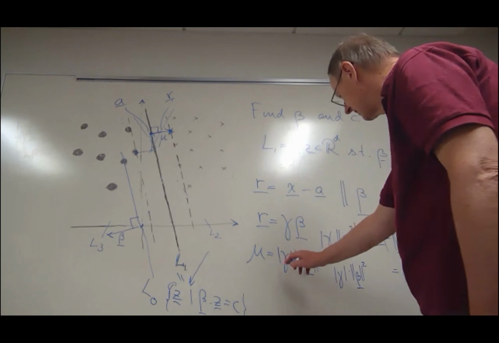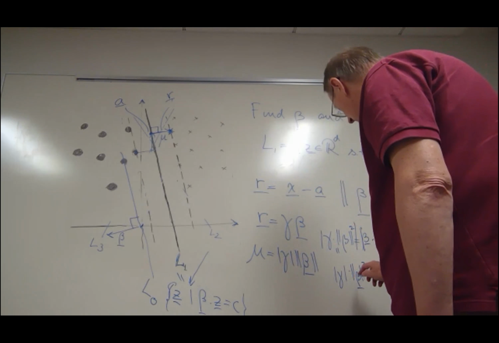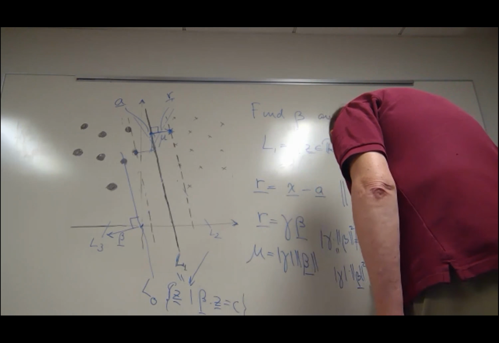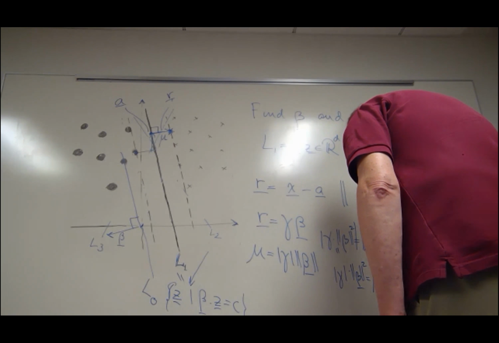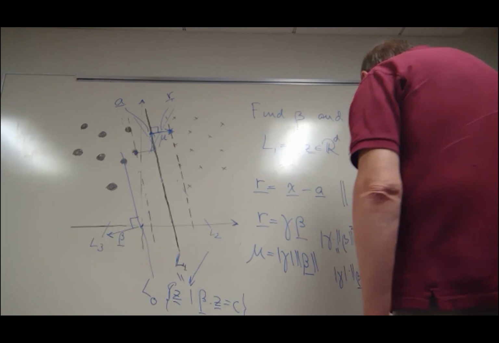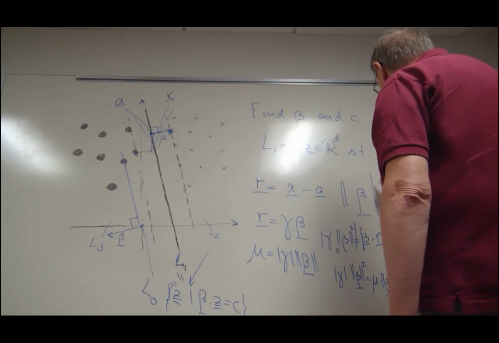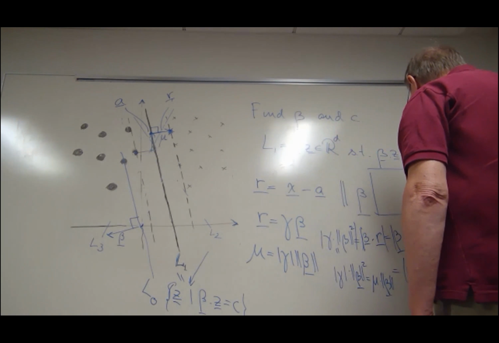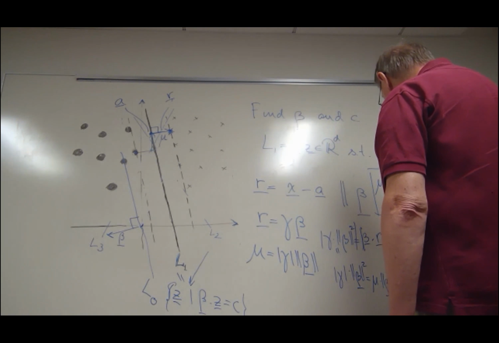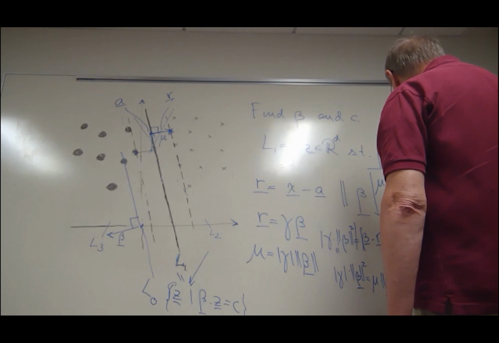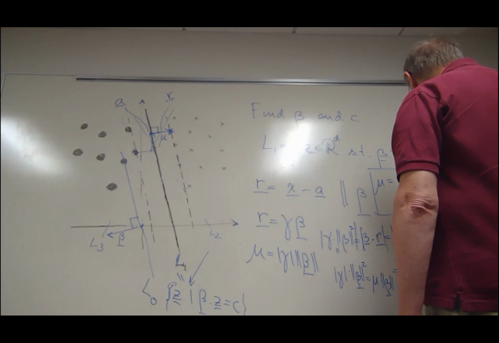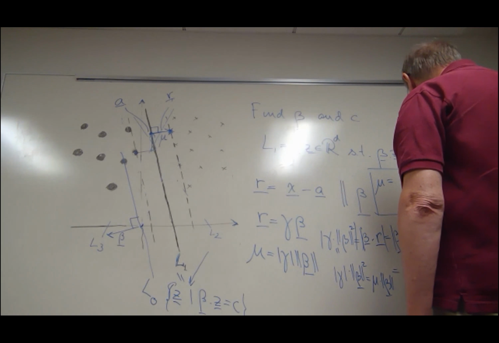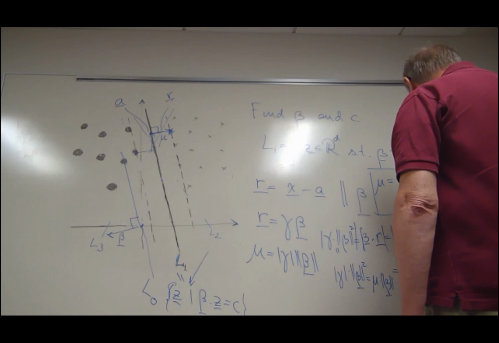The absolute value of gamma times the norm of beta was mu, so this is equal to mu times the norm of beta, and so I get the equation that mu is equal to the absolute value of beta dot x minus c, divided by the norm of beta.